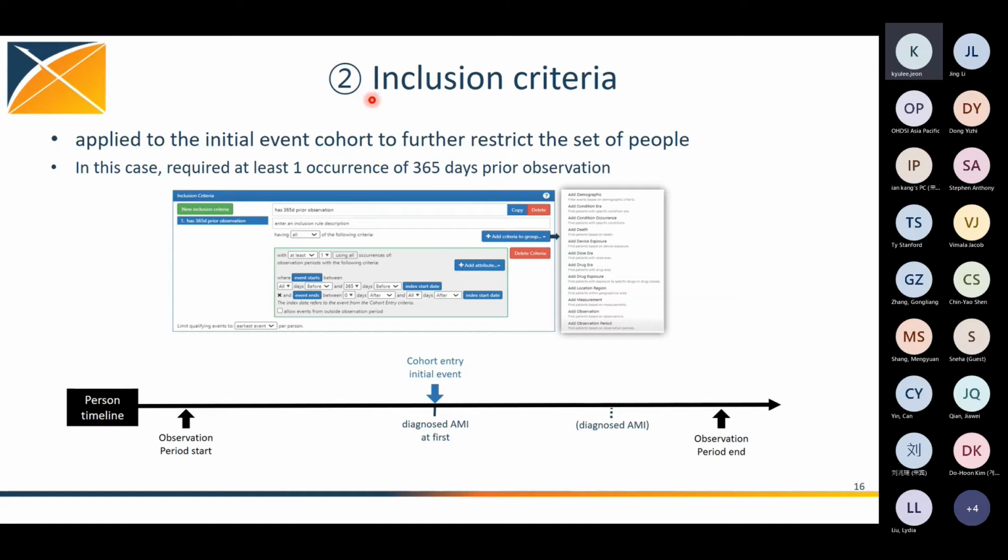The second block, inclusion criteria, are applied to the initial event cohort to further restrict the set of people. On the figure, we can see inclusion criteria with at least one occurrence of observation periods with the following criteria. The above period could be plotted in red in the following figure.